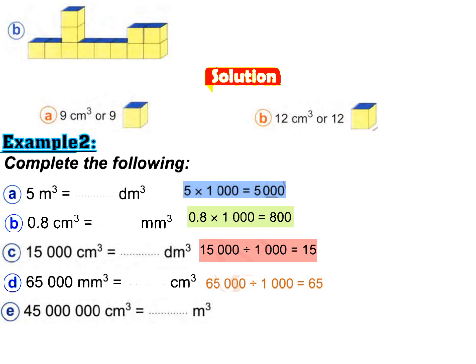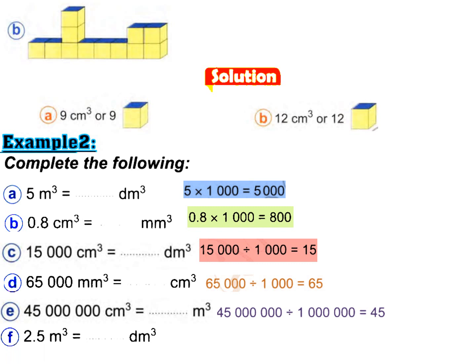I know that 1 meter cube equals 1000 decimeter cube, and 1 decimeter cube equals 1000 centimeter cube. So from meter cube directly to centimeter cube, I divide by 1 million, as we know that 1 meter cube equals 1 million centimeter cube. So 45 million divided by 1 million gives me 45 meter cube.